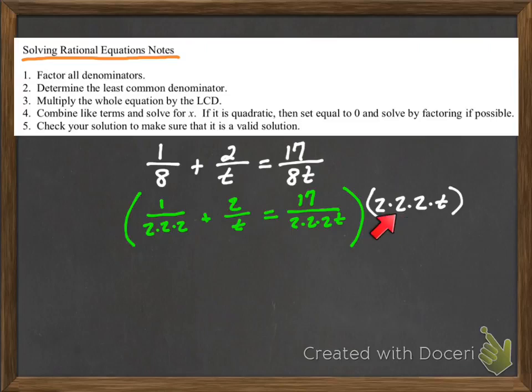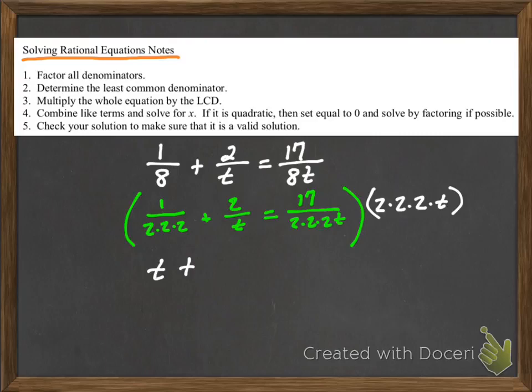Now, when you multiply this by the first term, the 3 2's will cancel each other out. What that leaves you with then is t multiplied by the 1 from right here. And that is going to give us just t.